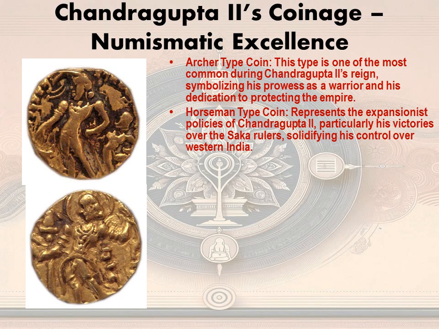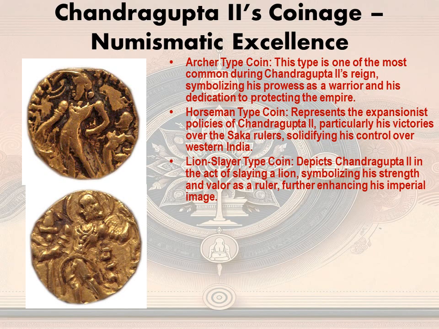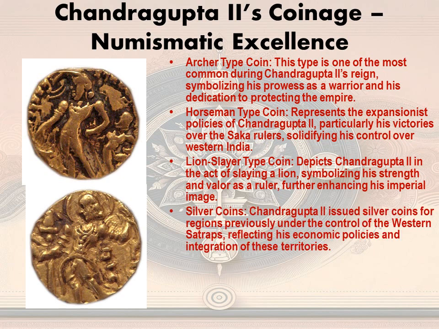The horseman type coin represents the expansionist policies of Chandragupta II, particularly his victories over the Shaka rulers, solidifying his control over western India. The Lion Slayer type coin depicts Chandragupta II in the act of slaying a lion, symbolizing his strength and valor as a ruler, further enhancing his imperial image.